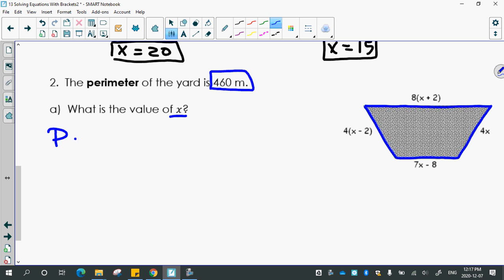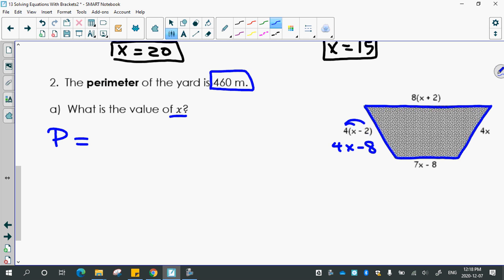So you start this question off with perimeter equals P equals. Okay? Now if I'm adding these sides up, I want to add the easiest version of them up. So if I have brackets, I want to go ahead and expand them right over here at my picture. Okay? So if that's 4 times x minus 2, an easier way for me to write it without the brackets would be 4x minus 8. Does everyone see that?